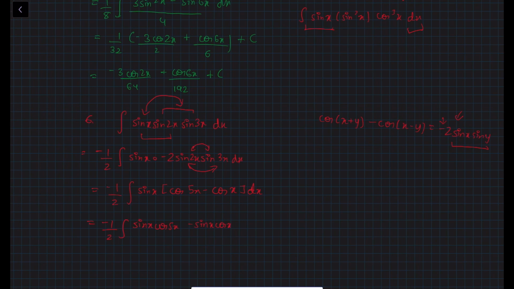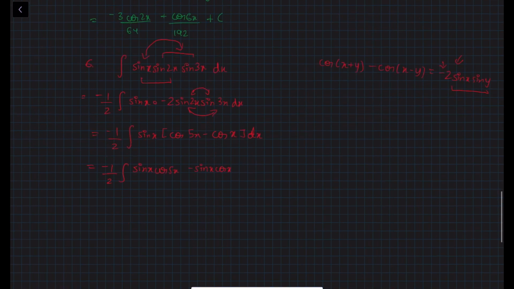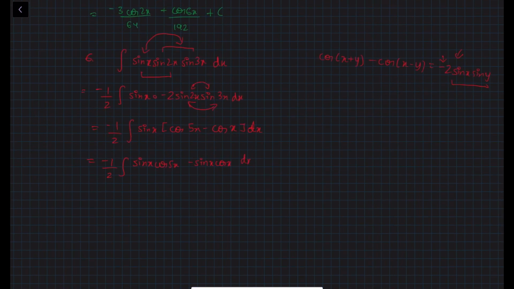Right. And now what we're going to do is split the integral again. I'm just going to split it here, and I'm going to change the order because the highest argument one should go first. Cosine 5x sine x dx.